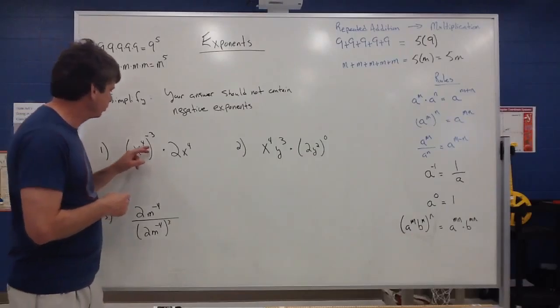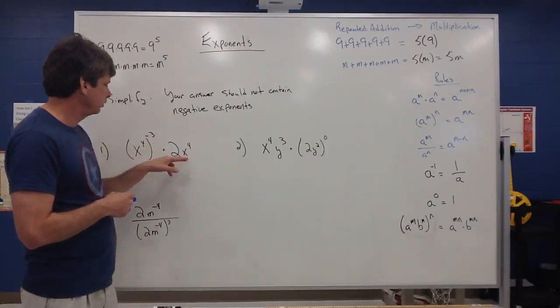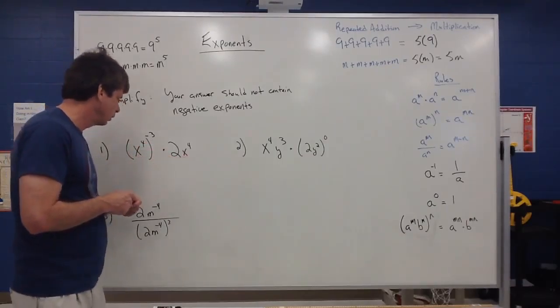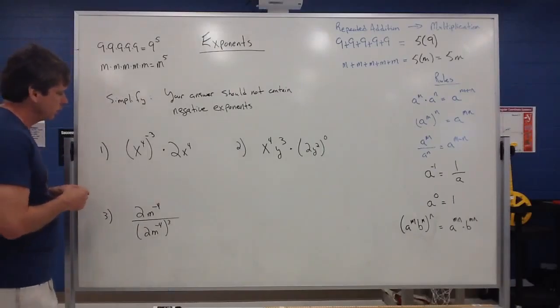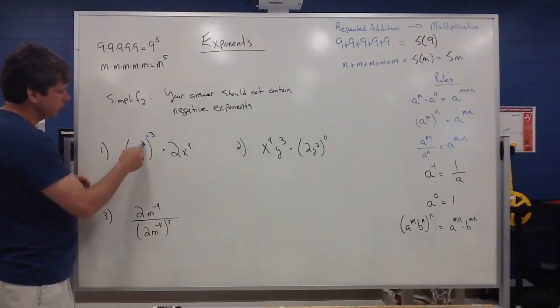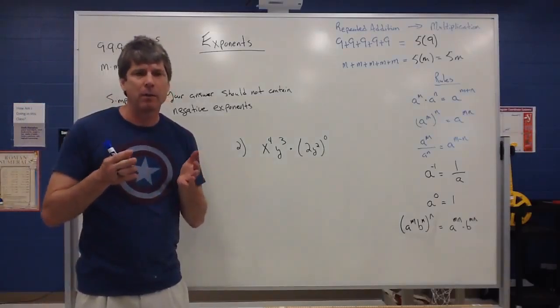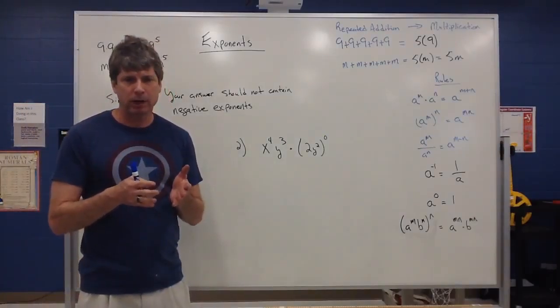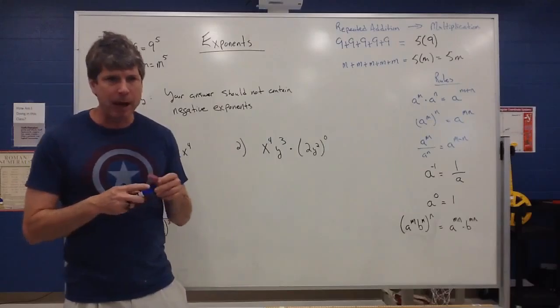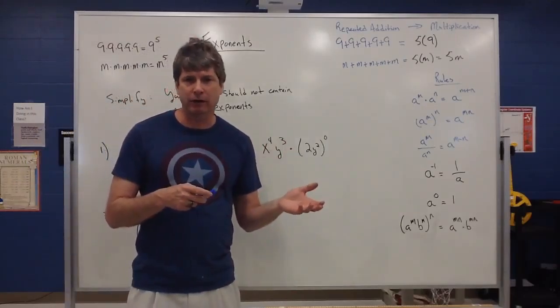I have x to the fourth raised to the negative third times then 2 times x to the fourth. Now, I do see a negative exponent, but since this is a power to a power, I don't mind multiplying integers, positive negative numbers. My issue a lot of times is with adding and subtracting.